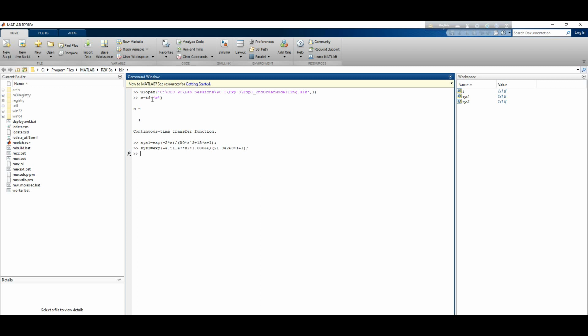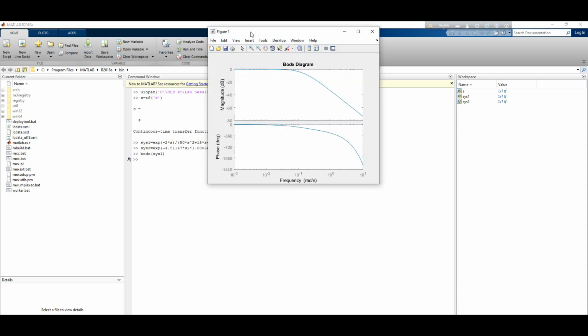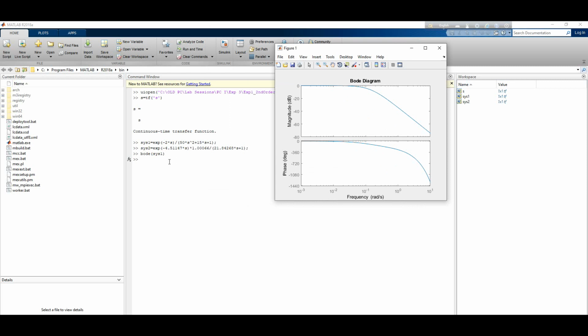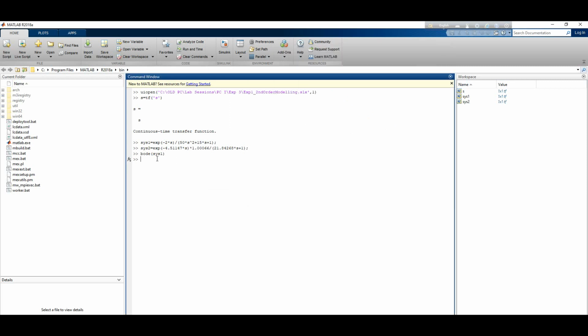Now plot Bode, B-O-D-E. Let's write Bode for system 1, right? It will plot the Bode plot. This is the Bode for system 1. We will hold this one, hold. After that, Bode for system 2.